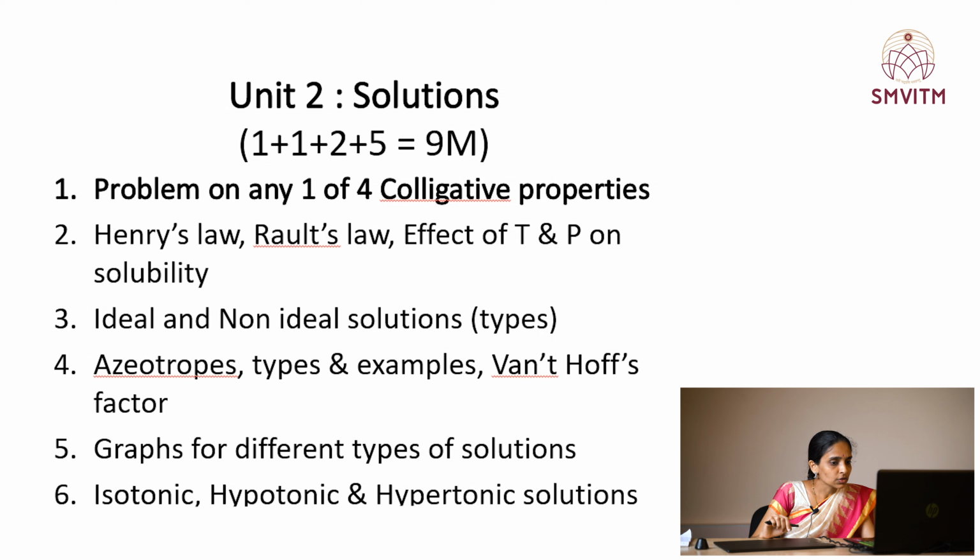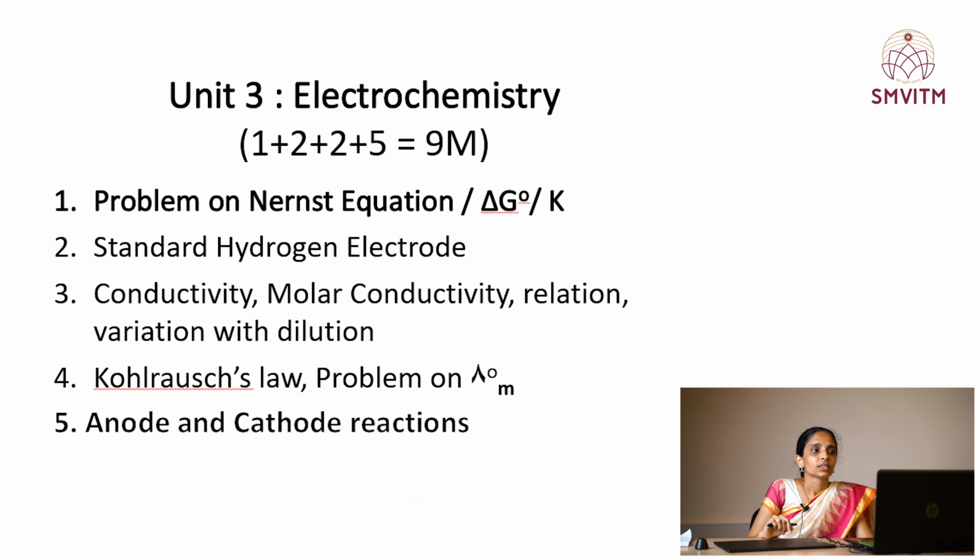All right, moving on to the next unit. Third unit is electrochemistry. There is one 1-mark question and two 2-mark questions. Also there is one 5-mark question. And here again you have a sure question. Question number 1, it is a numerical problem.